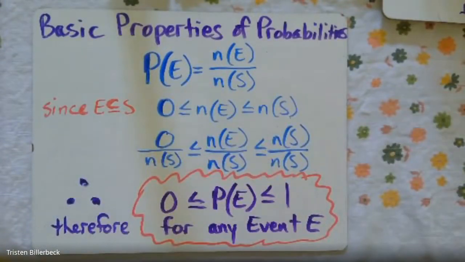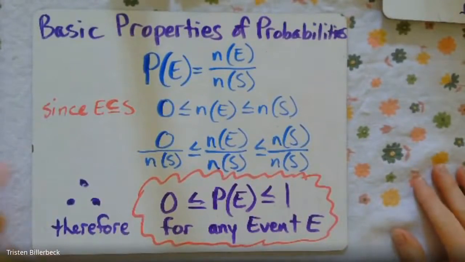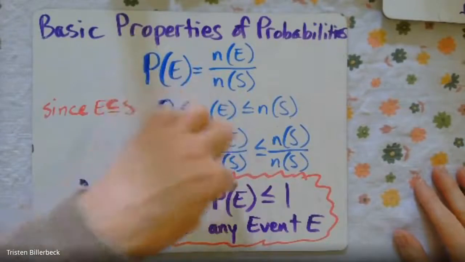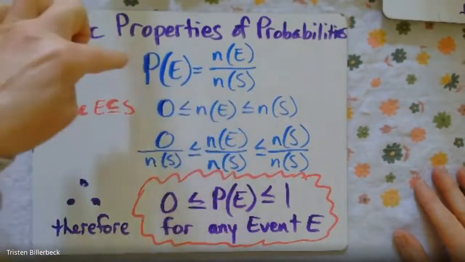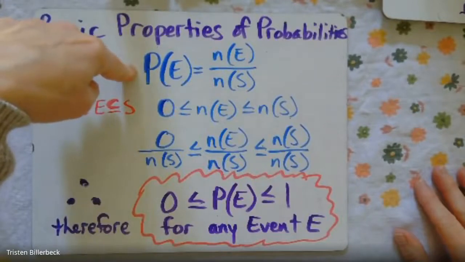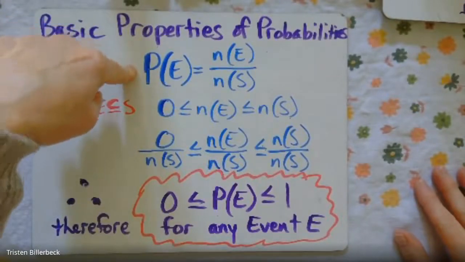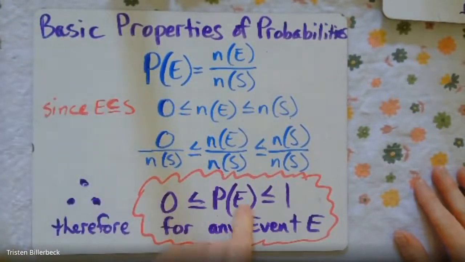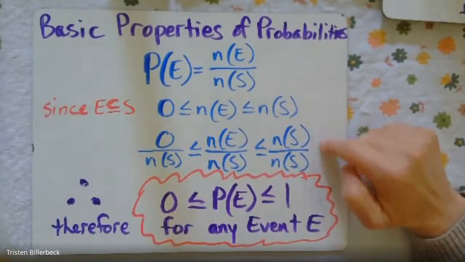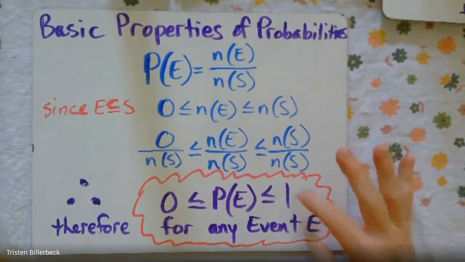But you're probably wondering, what? So 0 divided by anything is 0. And this is just the probability of event E happening. And then this, oh my goodness, this is the same thing as 1.